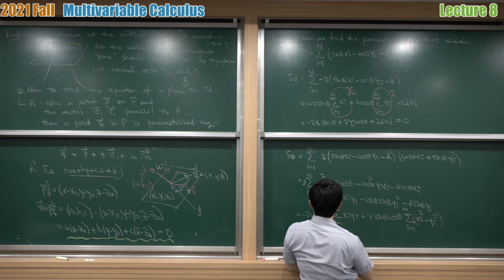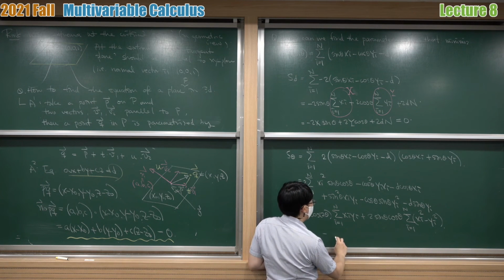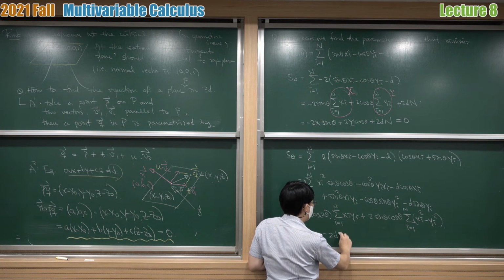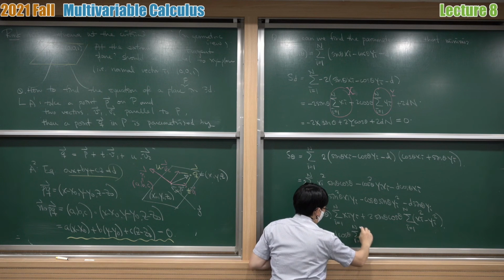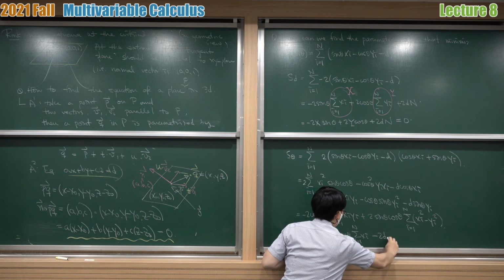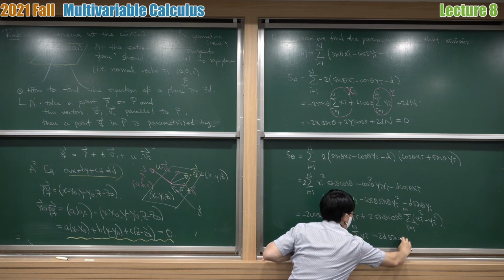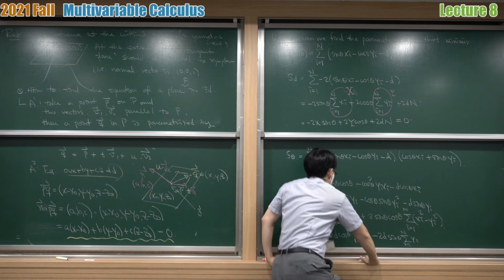It's actually minus, and I have to write it separately, right? So minus 2d cosine theta times the sum of xi, minus 2d sine theta times the sum of yi. All right.